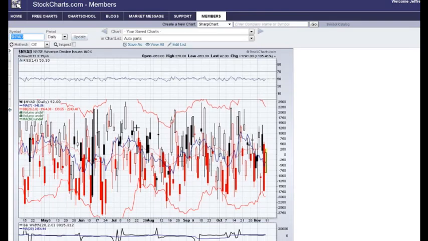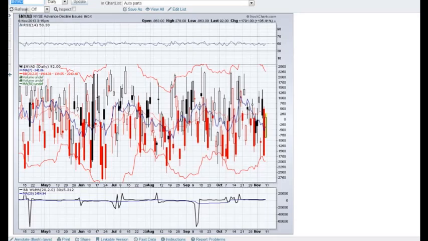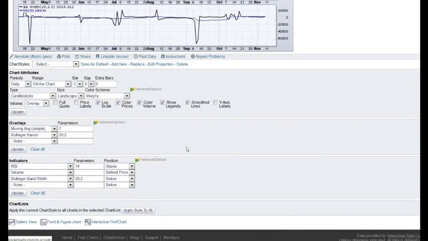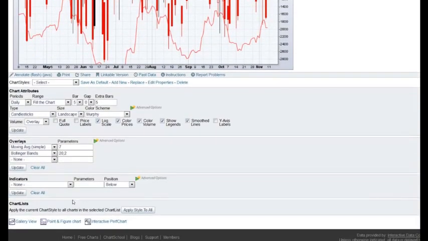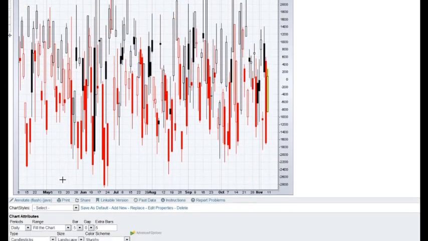There's an interesting indicator here on stock charts called the NYAD. It's $NYAD, and it looks at the advancers versus the decliners. Let me get the indicators off, because if you try to map an indicator onto this and make any meaning out of it, there isn't any.